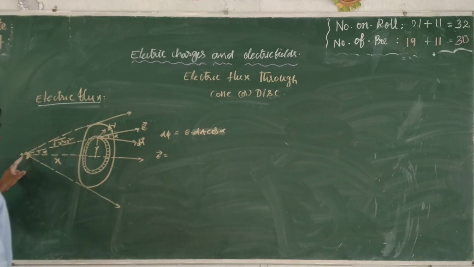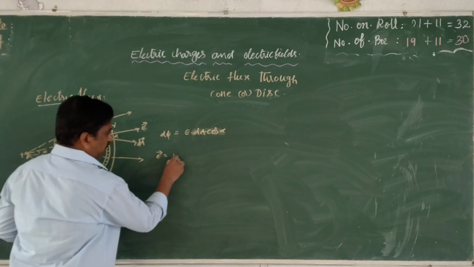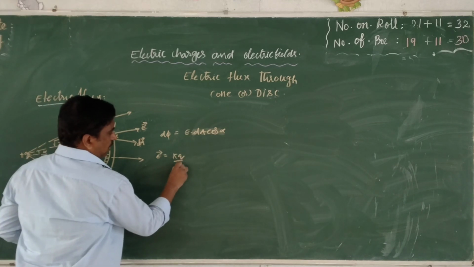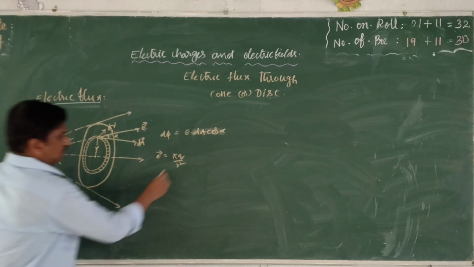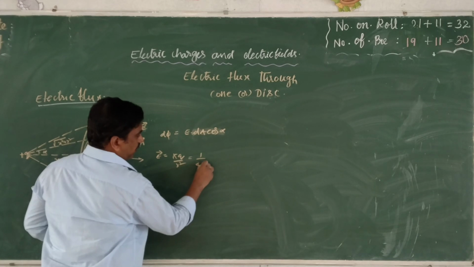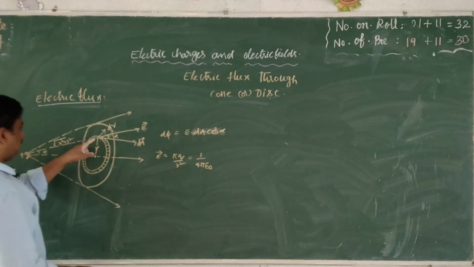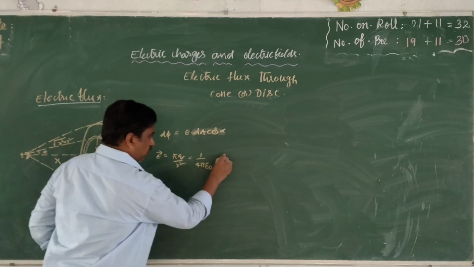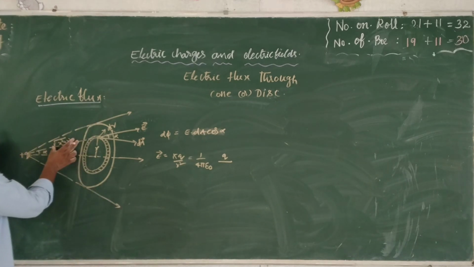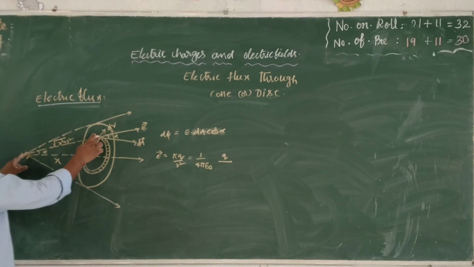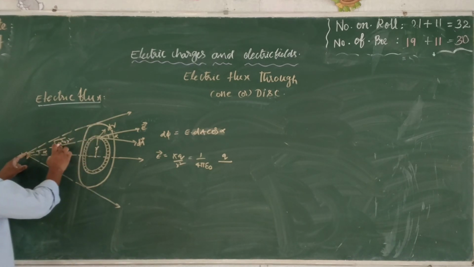Due to this plus q, the electric field equals kq by r square, where k is 1 by 4 pi epsilon naught, q is the charge, and r is the distance from the charge to the ring, root of x square plus r square.